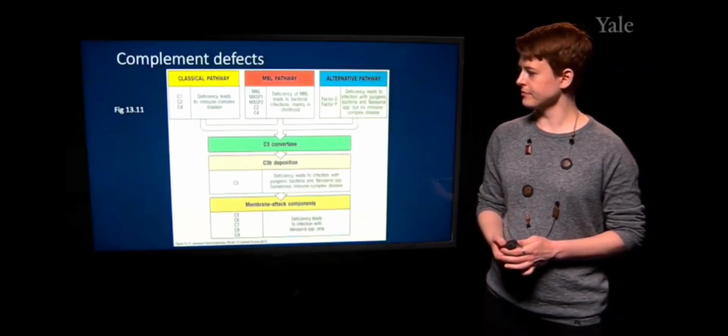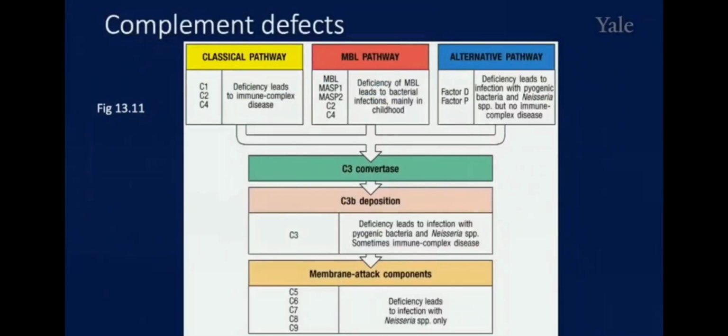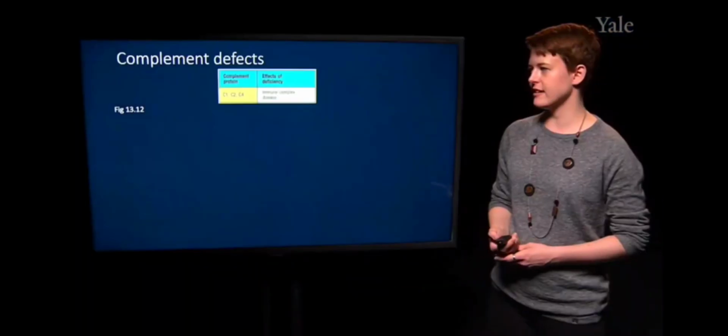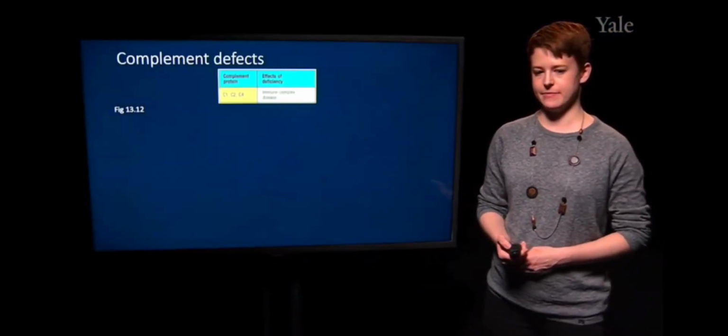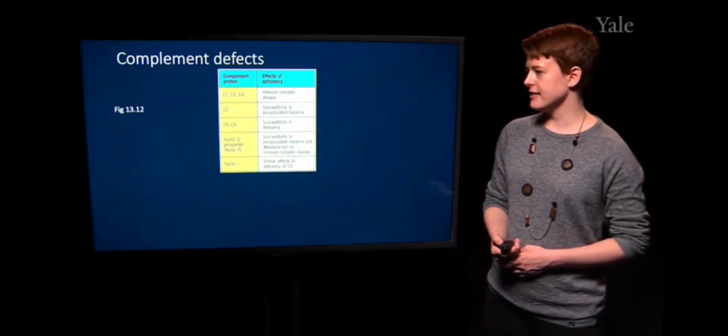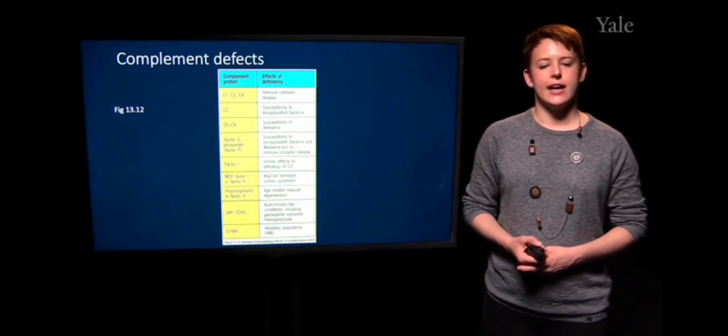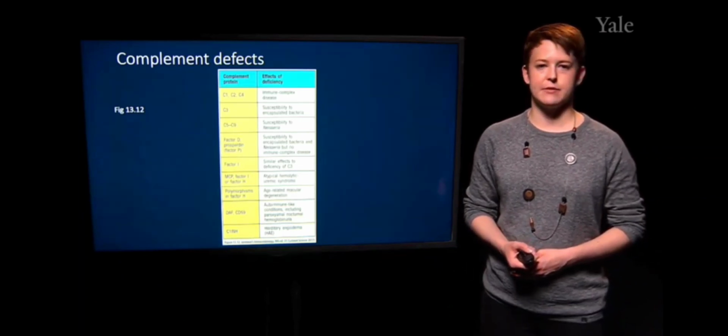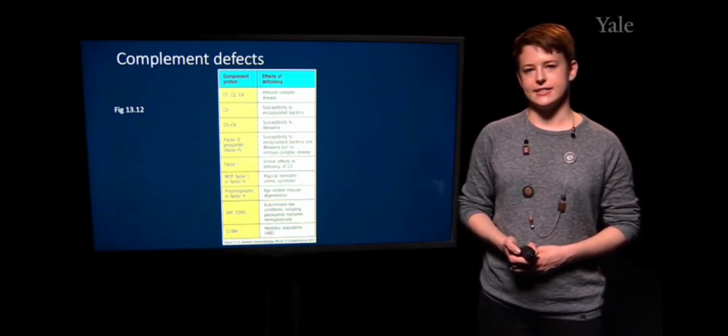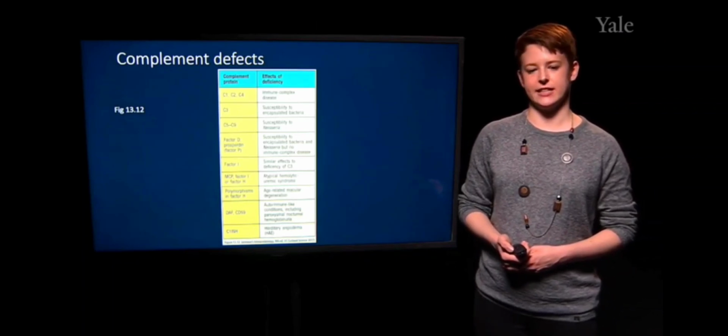So there are also a few complement defects, and essentially you can have a defect in any part of the complement cascade. So figure 13.11 shows a summary of these different defects. So again, that's summarized in this table as well. And complement defects actually show increased tissue damage from immune complexes and the inability to clear extracellular bacteria.